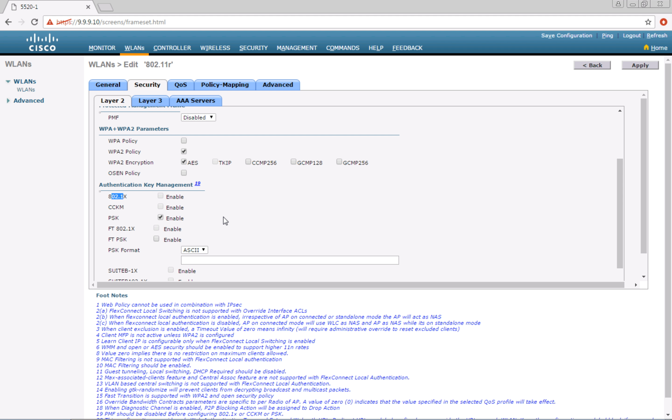And that populates my RSN IE with the suite list saying .1x or PSK. However, it is still going to have your MDIE and your AeroNet IE extension, based on which my client can still go ahead and identify whether the WLAN or the SSID that I'm trying to connect to does it support adaptive FT or not?